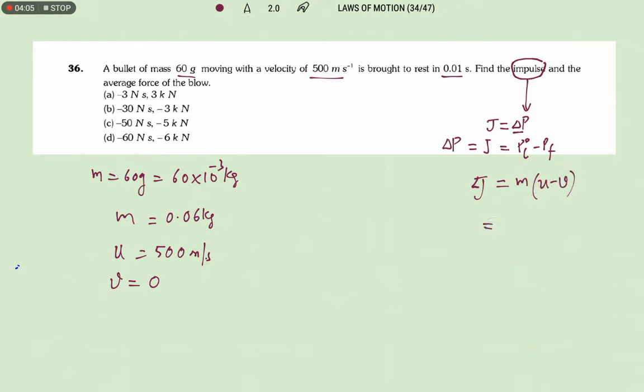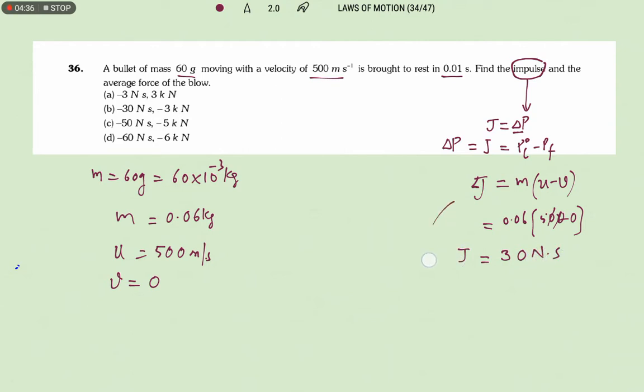So m 0.06 and u value, what is u? 500 minus final velocity 0. So 0.06 into 500, the zeros and the decimal points get cancelled, 5 6s are 30. So 30 Newton second. Sir, they are getting negative sign.